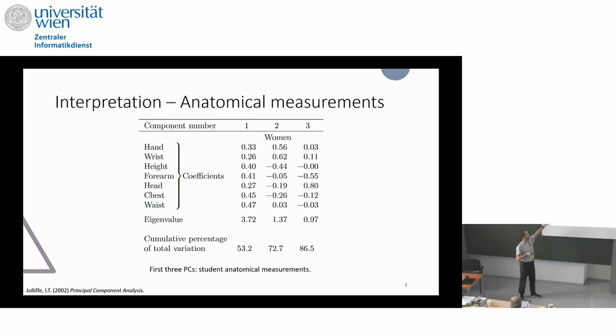We have measures for the size of the hand, for the height, and so on and so forth. He takes the first principal component associated with the highest eigenvalue. He then represents this principal component as a function of the original variables. These are the so-called loadings of the principal components. The idea is to interpret those coefficients to understand the main trends and the main patterns of variability in the data.